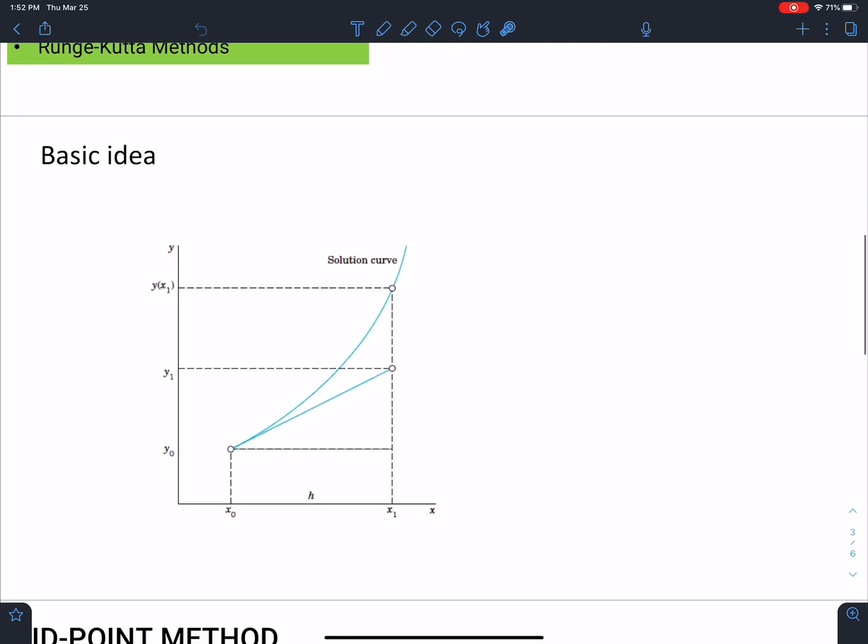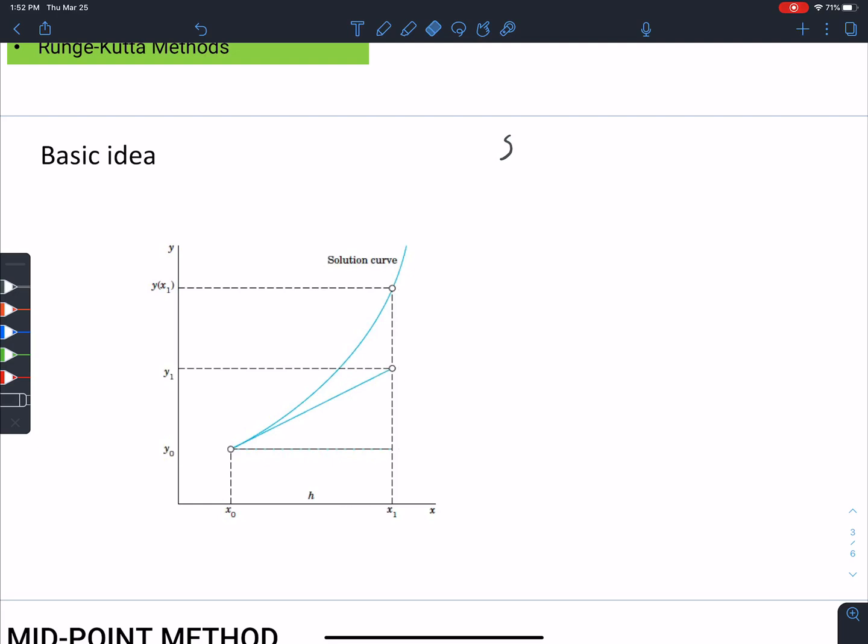So let's talk about the basic idea of what we have talked about so far and how we can improve upon this a little bit. Let's imagine that here is our solution curve. Let's say we have an ODE, which once again we stated as f prime.